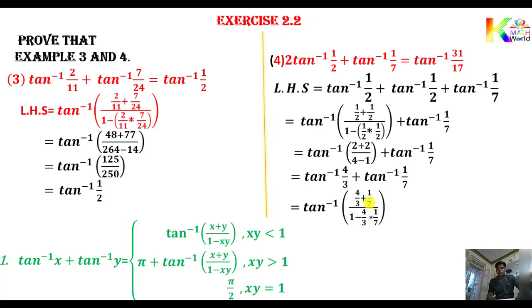So you can easily see that 7 4s are 28, 3 1s are 3, LCM of numerator 21, same way LCM of denominator 21. So that LCM directly cancels out. So in the next step you can write tan inverse of (28 + 3) over (21 - 4). So now we get 28 plus 3, that will become 31. 21 minus 4, that is 17. It means you got your right hand side. So this question is over.